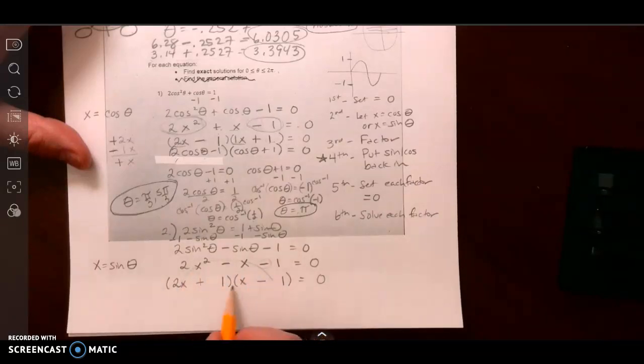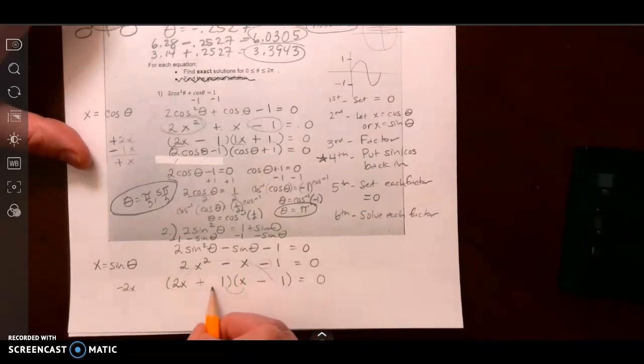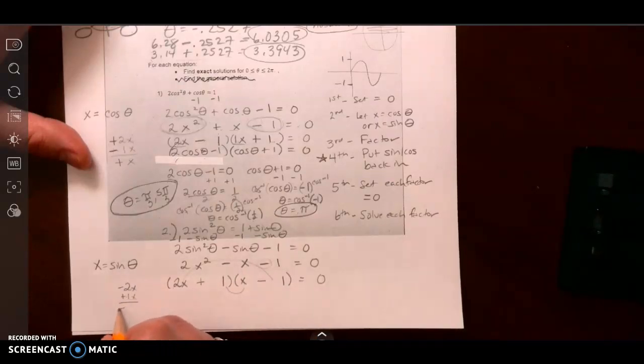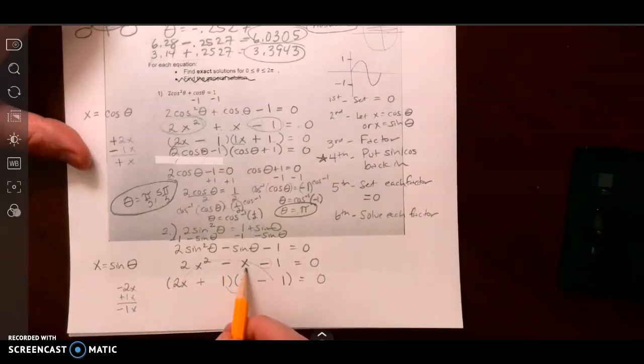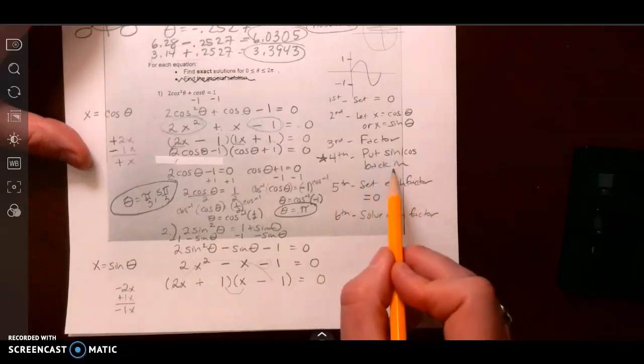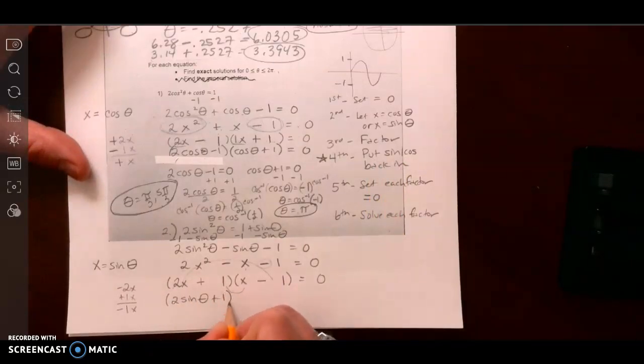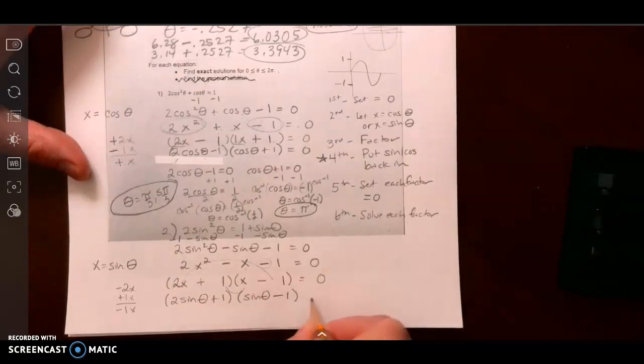My middle terms are from my outers and my inners. 2x times -1 is -2x. 1 times x is plus 1x, and I get -1x. That's what I wanted. So these are my factors. Put sine or cosine back in. You've got to remember to do that. 2 times the sine of theta plus 1 times the sine of theta minus 1.